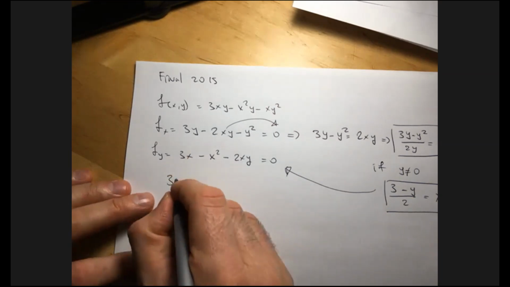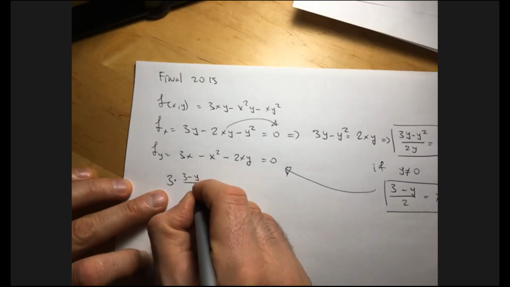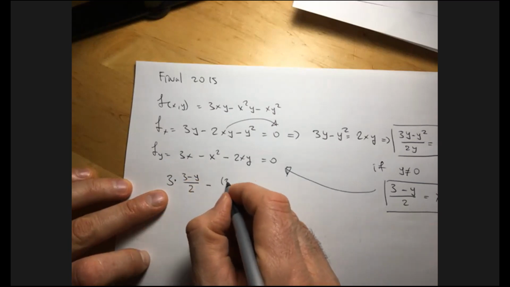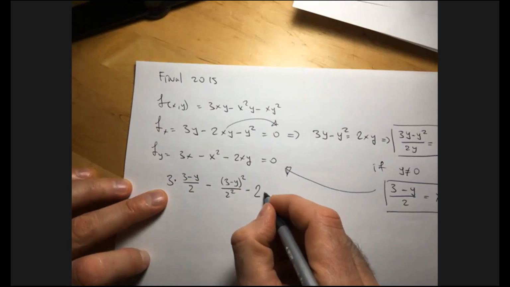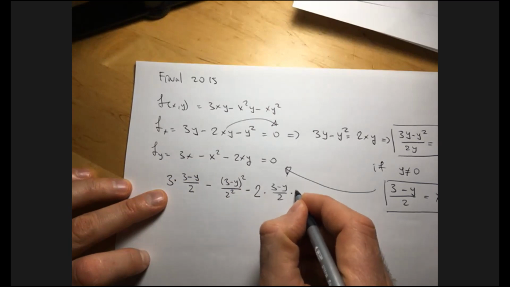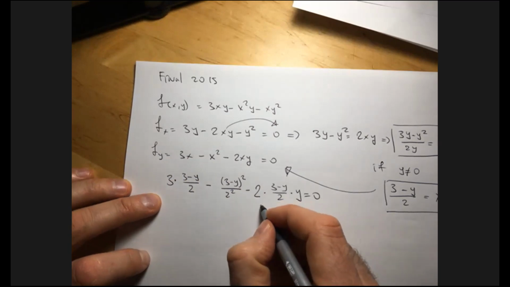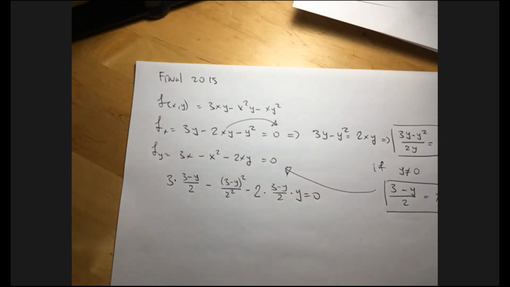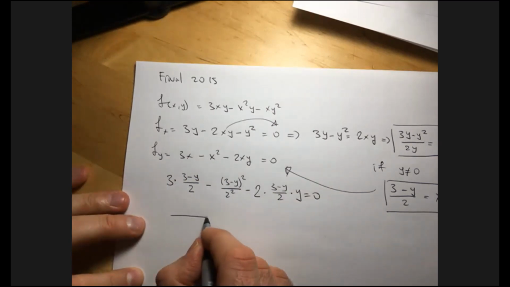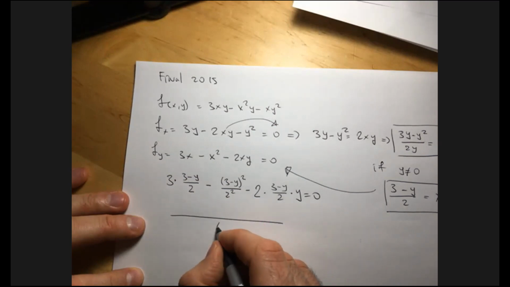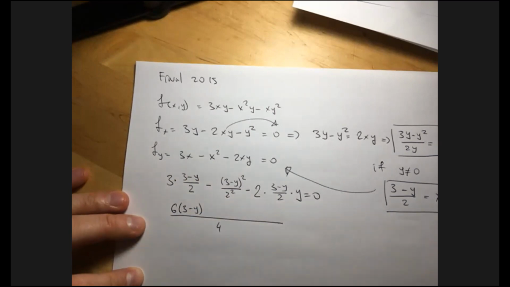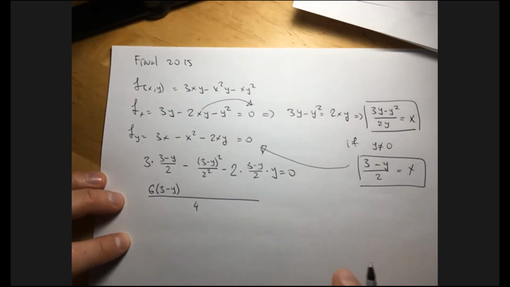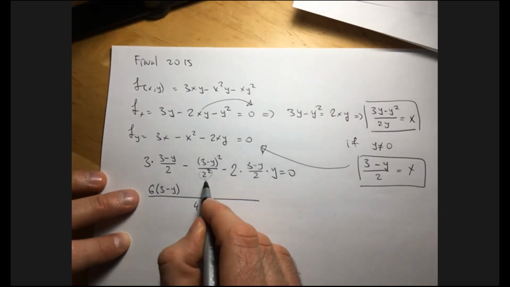So you have 3 times x, now x is (3 minus y) over 2, minus ((3 minus y) over 2) squared, minus 2 times (3 minus y) over 2 times y is equal to 0. So let's bring everything under a common denominator of 4. Just please stop me at any moment, right? So the common denominator of 4, this is 2.